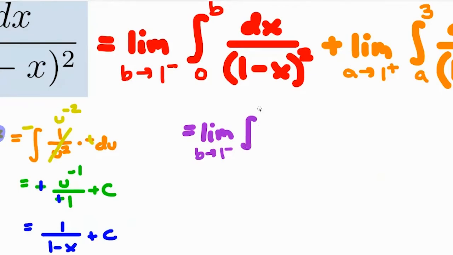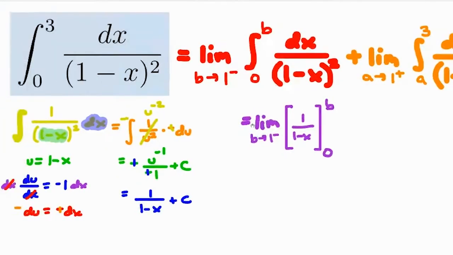Because we already did the antiderivative, so we're doing the limit of 1 over 1 minus x, and we're integrating this from 0 to b. Are there any questions so far on any of this? I feel like I made a huge jump there.